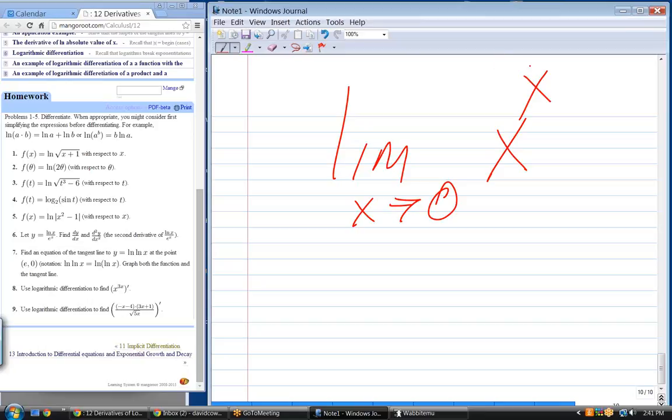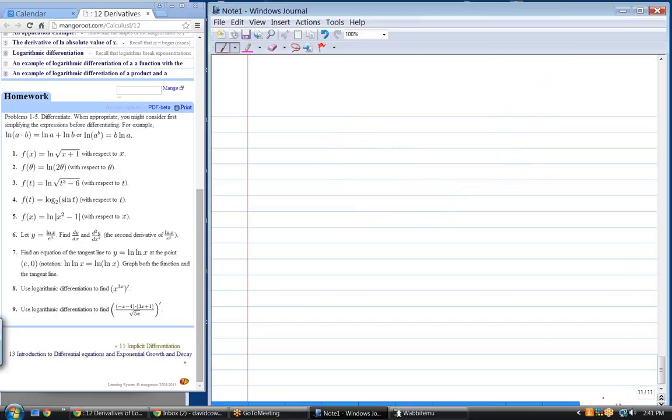So whenever you have the variable in the exponent, know that your first step is to take the natural log of both sides. Okay. All right, use logarithmic differentiation to find this.